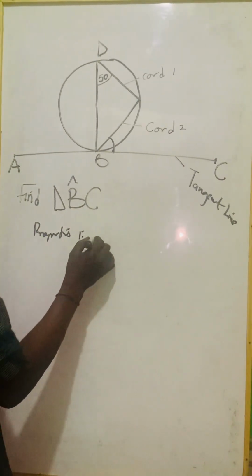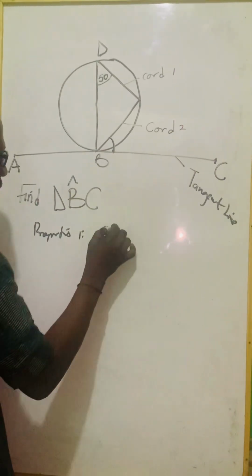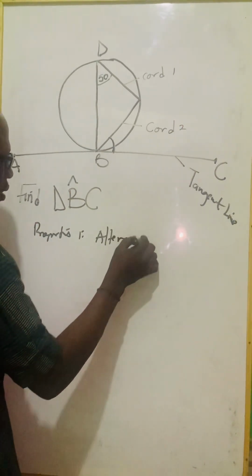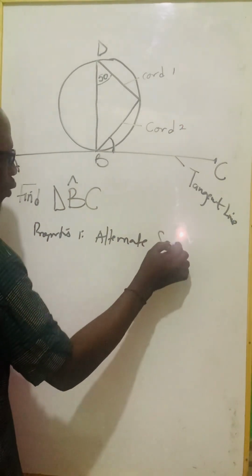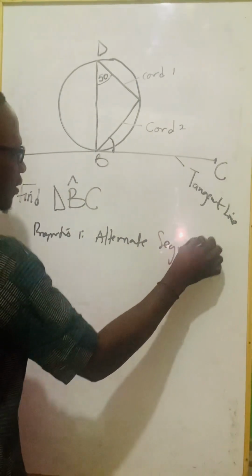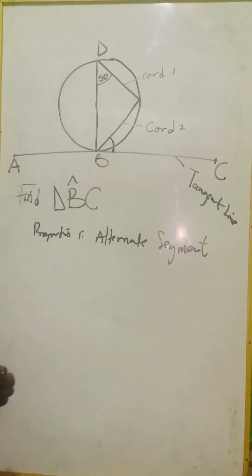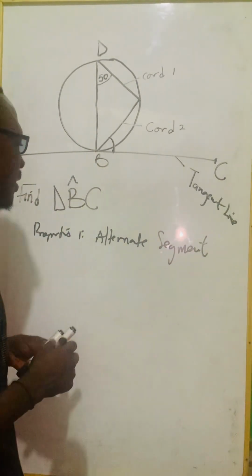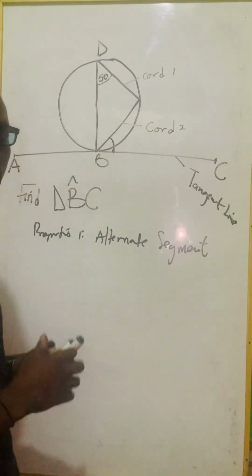We call it the alternate segment property.